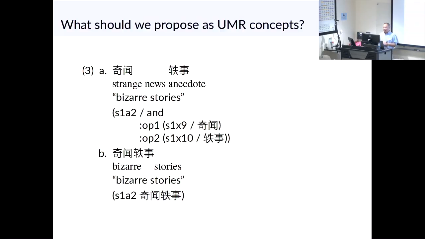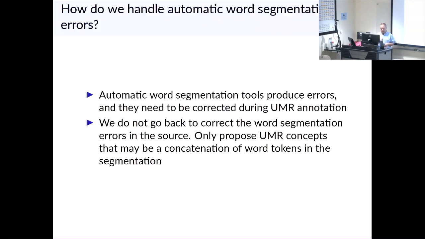Imagine that if you work on some languages that have this kind of issue, like Vietnamese or something, you're going to have similar issues, right? To determine what exactly is a concept. I already alluded to how we deal with this, right? You're going to produce errors. We generally do not go back to correct them.